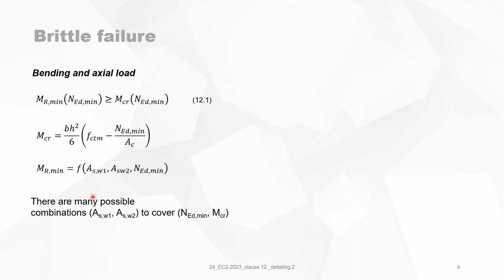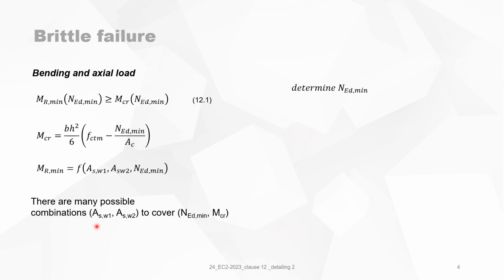There are a lot of combinations of As1 and As2 to cover the NEd,min and Mcrack. So you cannot put this in one closed formula. It's getting a little bit difficult and lengthy to solve this problem.